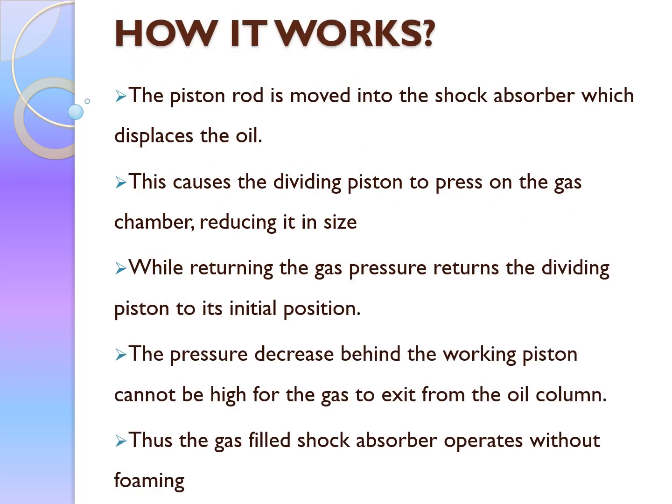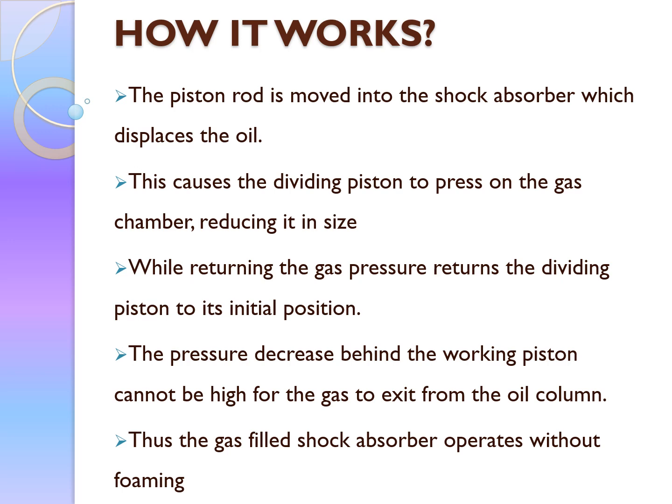And we'll see how it works. First, the piston rod is moved into the shock absorber, which displaces the oil. When the piston rod is moved into the shock absorber, oil is displaced as in the double tube principle. This causes the dividing piston to press on the gas chamber, reducing it in size.